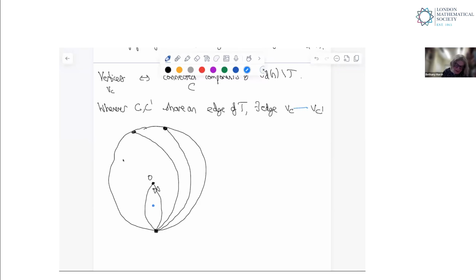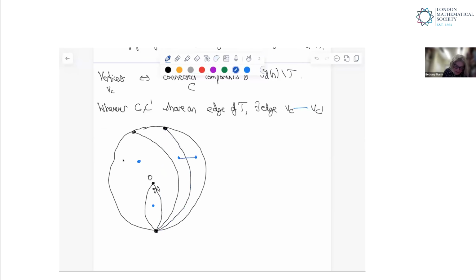Then in the geometric dual, we put a vertex in each connected component. So we just get 4 vertices like that. And then the regions here are incident. They have a common edge in the triangulation, this one here. So we can draw an edge in the dual graph between them.